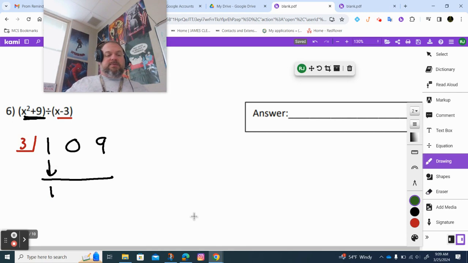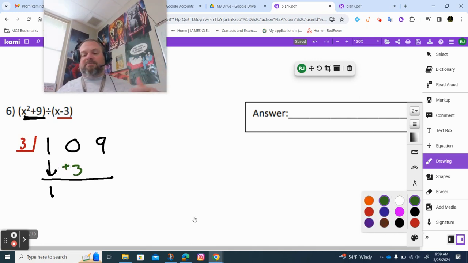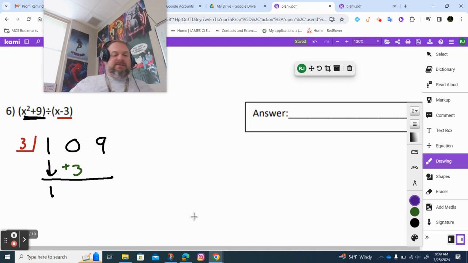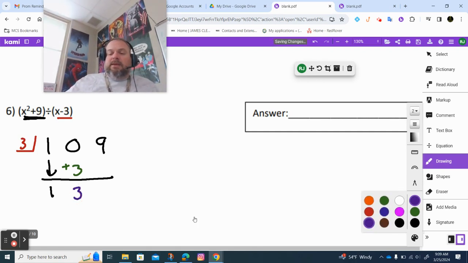So 3 times 1 is 3. Okay. I say combine because you can have positives, you can have negatives. It could be red, it could be blue, it could be violet, sky. It could be purple, it could be anything you like.